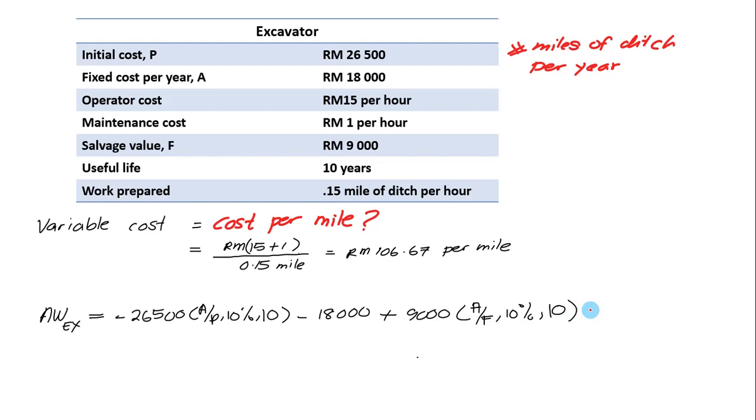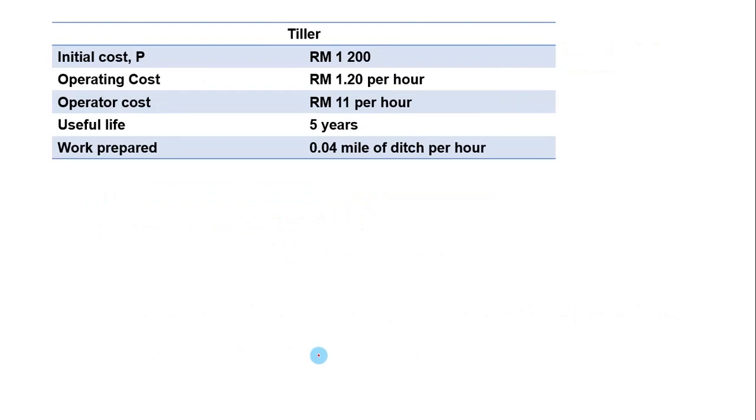We have to add the variable cost, which is minus 106.67 multiplied by the quantity x. Okay, so then we will get this value. For the tiller, given this information, we can first also calculate the variable cost, which is the cost per mile.